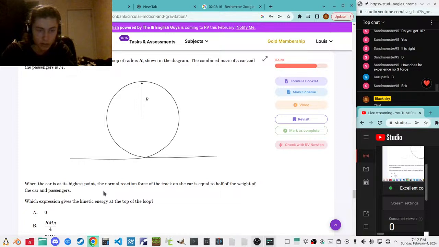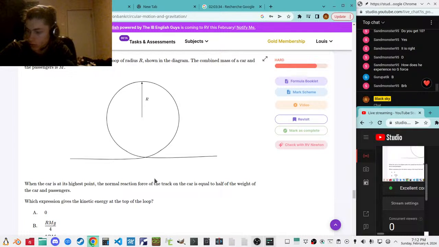Again, the normal reaction force on the track is equal to half of the weight of the car and the passengers. So half the weight of the car and the passengers. Do we know the m?